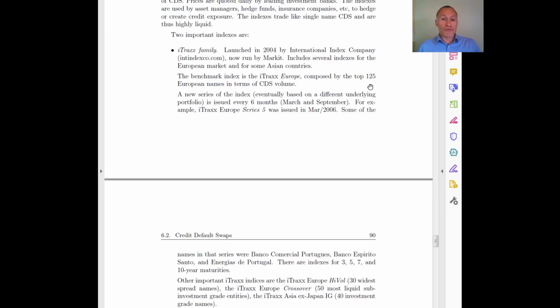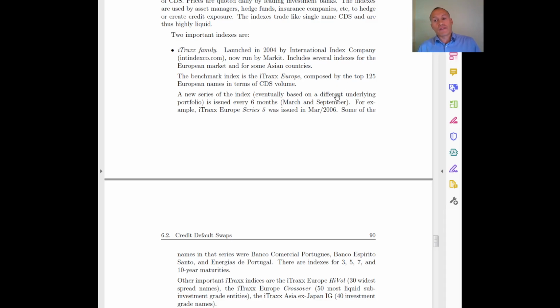Now, there is a difference between this type of index and stock market indices. If you recall, here you have contracts, CDSs, which have a finite maturity. Like in the previous example, a CDS would last for 5 years, which is not the same as a stock. A stock can last for many more years, can last indefinitely.